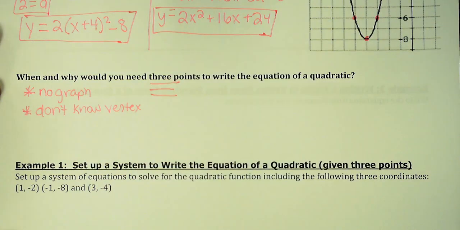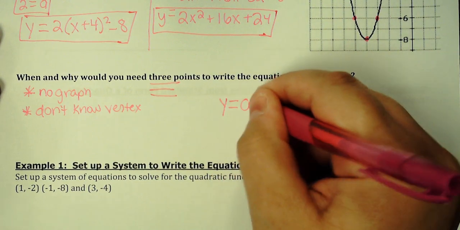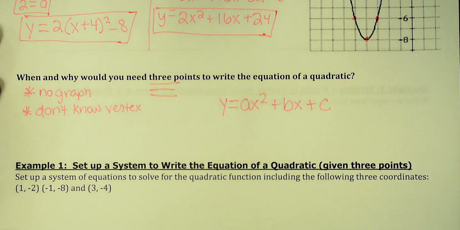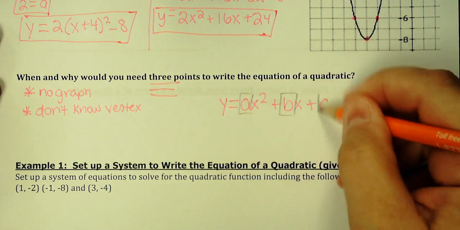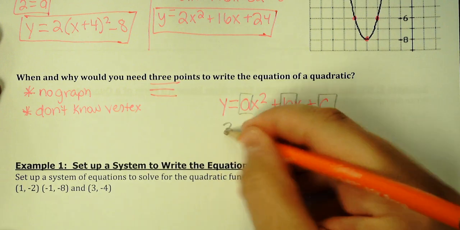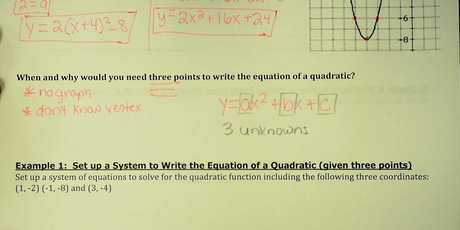Now, the reason you're going to need 3 points, if we're trying to write standard form, y equals ax squared plus bx plus c, is that what you would not know in that equation would be a, b, and c. We would have 3 unknowns then, a, b, and c. x and y would be variables in our actual equation when we figured it out.